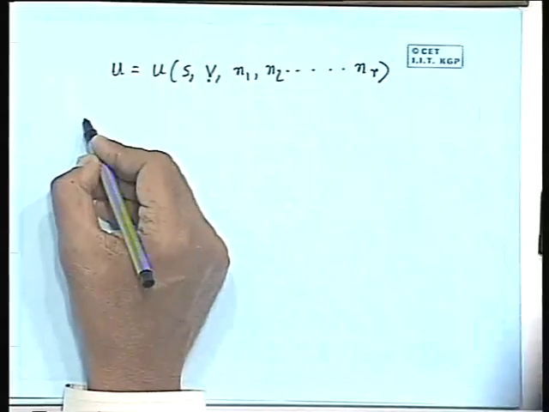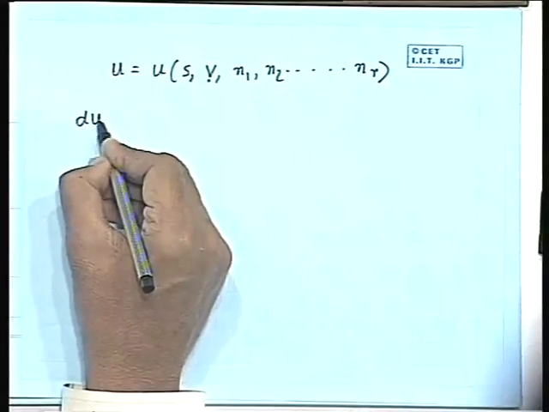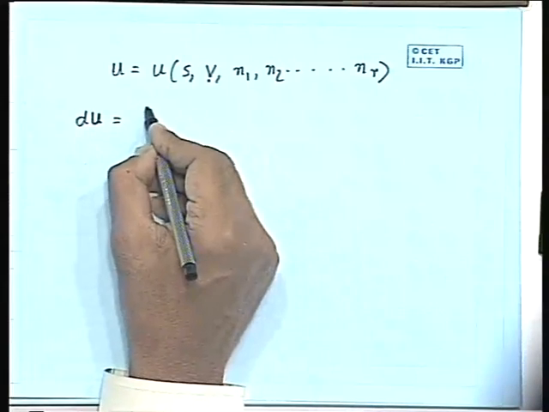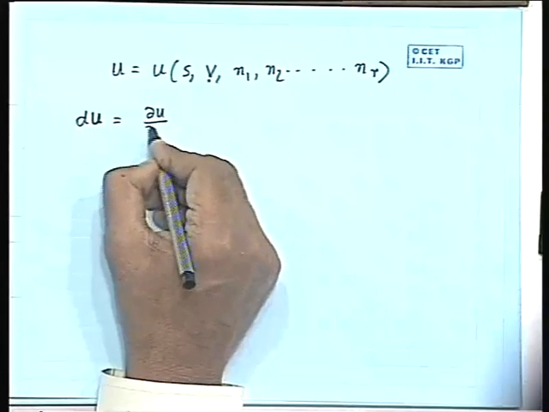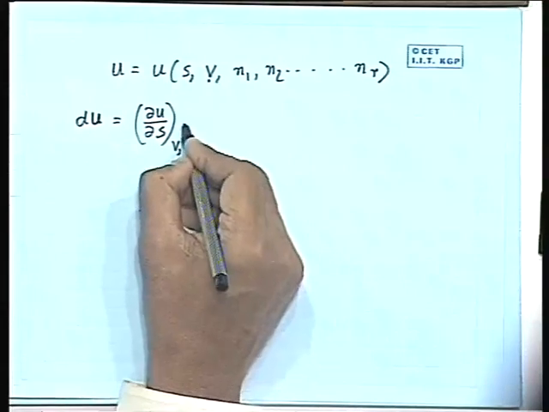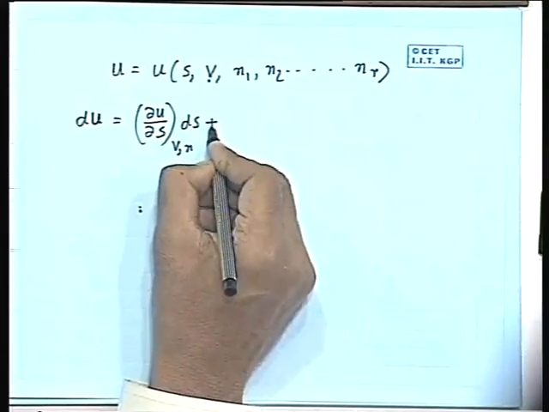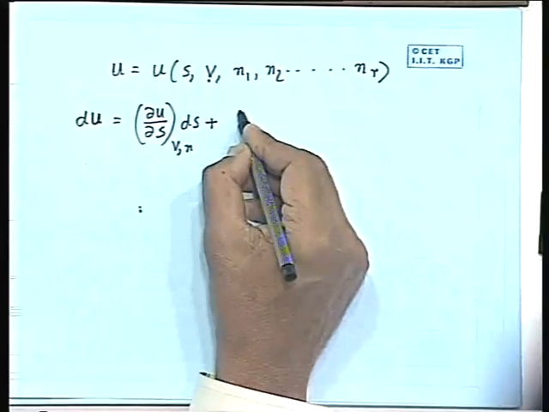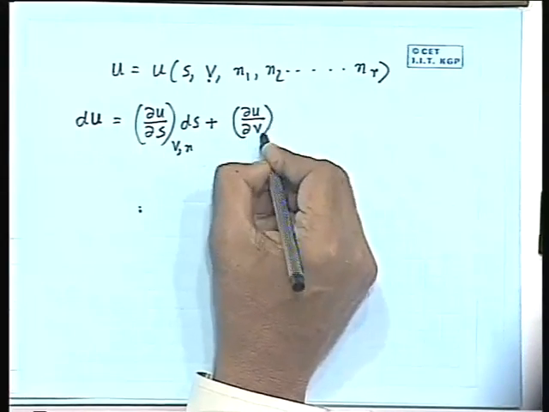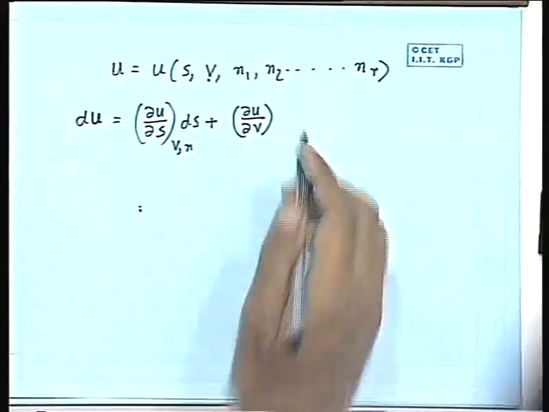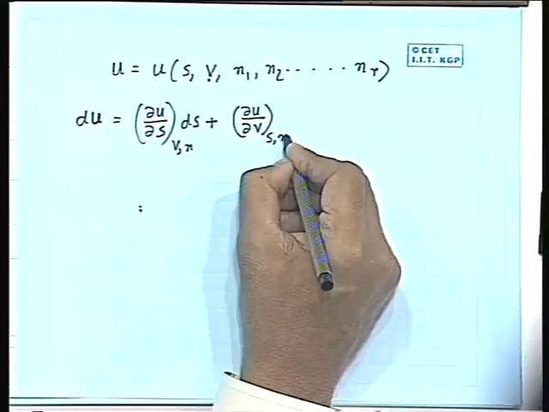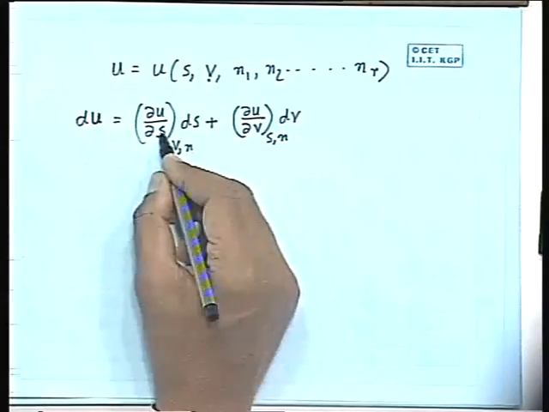Now, if we take the total differential, that means a small change in U can be written as del U del S at constant V and n, ds. This is simply an expansion in differential form, plus del U del V at constant S and n, dv, a Taylor series expansion neglecting the higher order terms; this is elementary mathematics. U is a function of S, V and n.